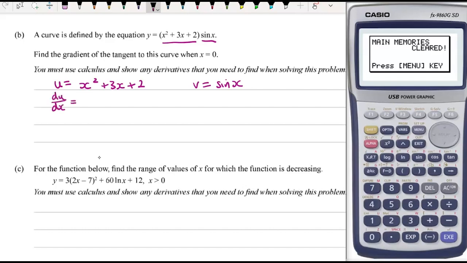So du by dx is 2x plus 3, and dv by dx, you've got the derivatives of the trig function on your formula sheet.